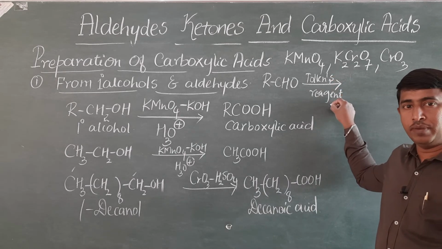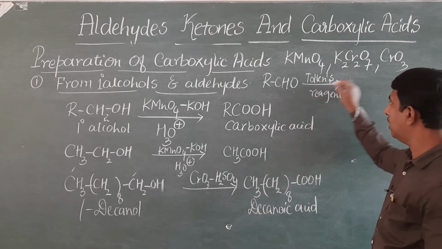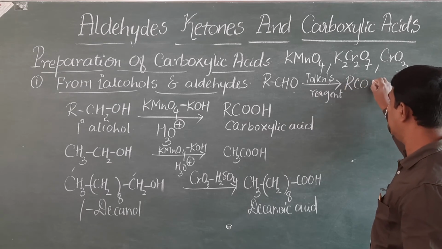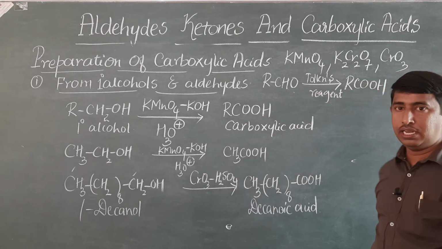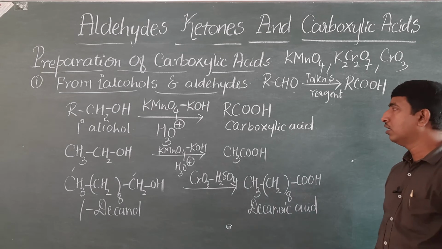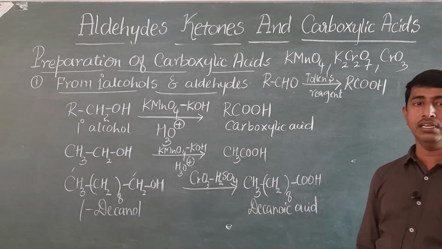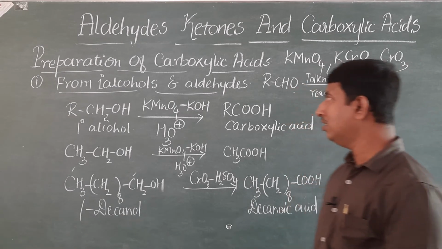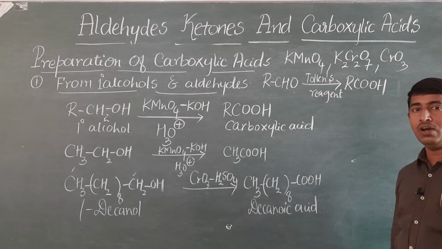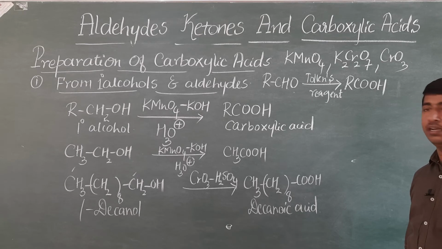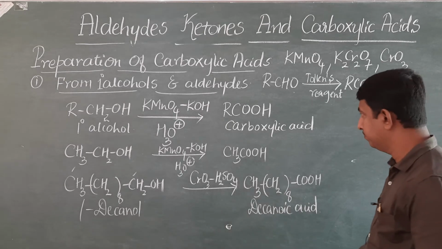Even in the presence of mild oxidizing agents, these aldehydes will undergo oxidation forming carboxylic acid. So either by using stronger oxidizing agent or milder oxidizing agent, we can oxidize primary alcohols and aldehydes.